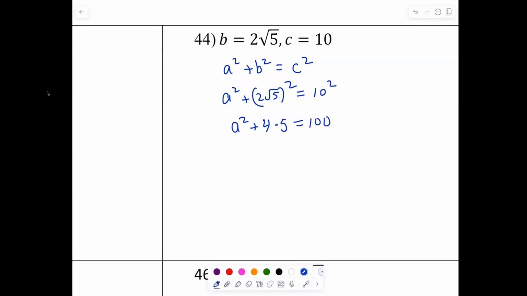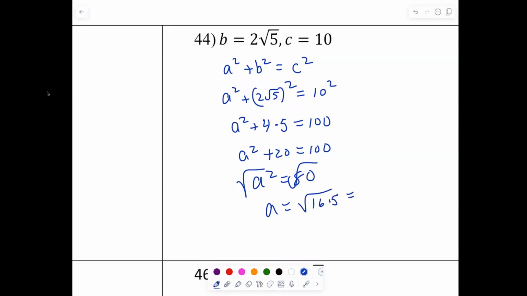So A squared plus 20 equals 100. A squared equals 80. Now take the square root. And 80 is 16 times 5. 4 radical 5. Anybody have any questions with that?